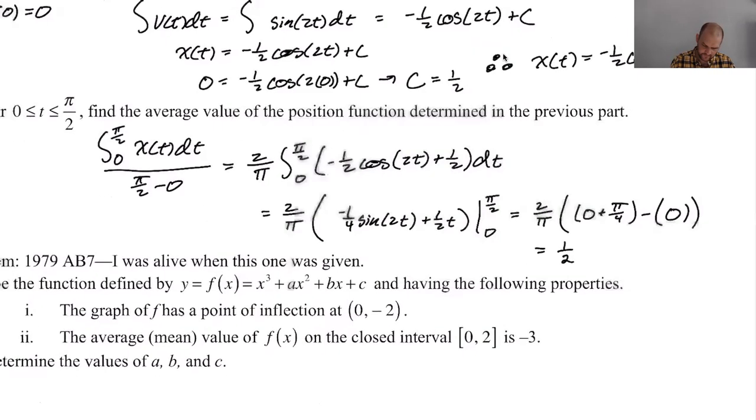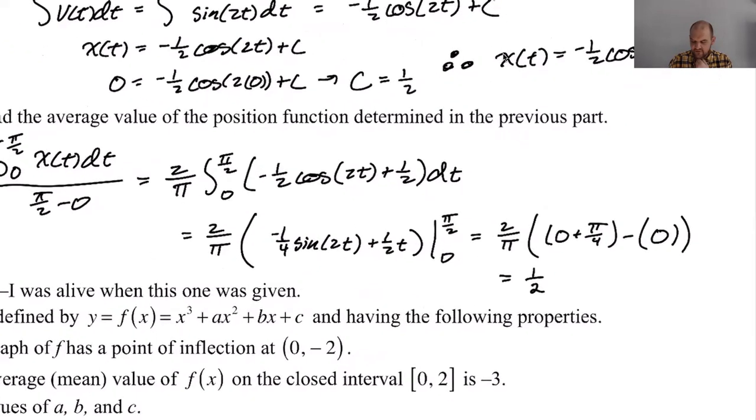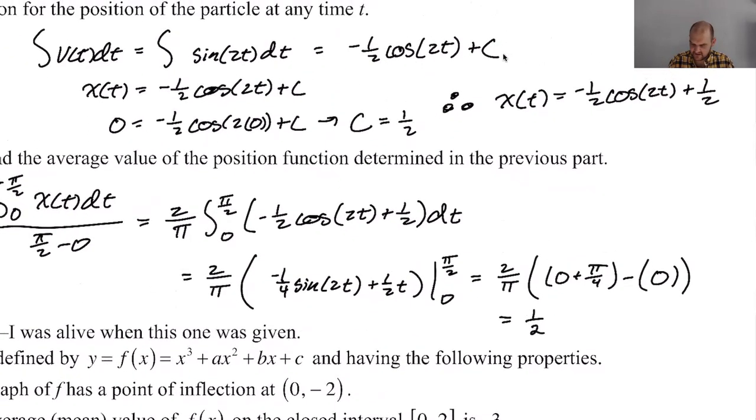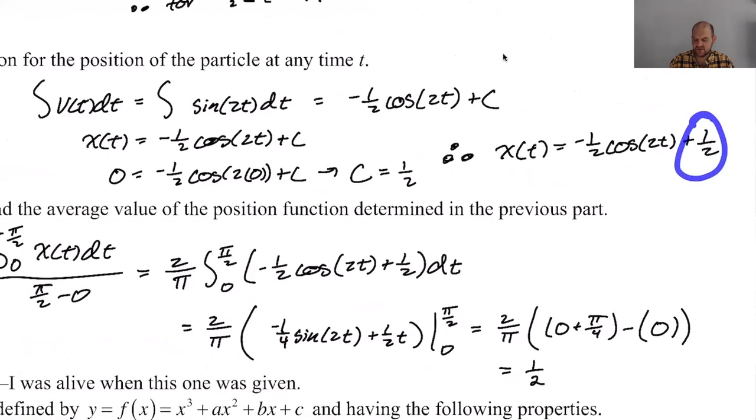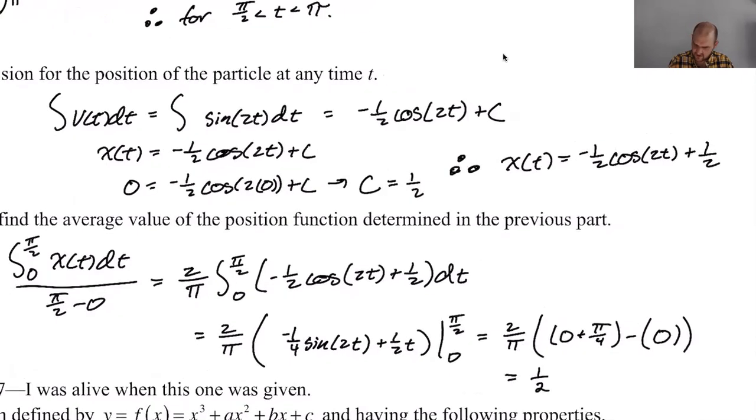Does that make sense? I feel like it does, because the sinusoidal axis of the position function is 1/2. And then the real question is, what is 0 to pi over 2? It's a negative cosine.